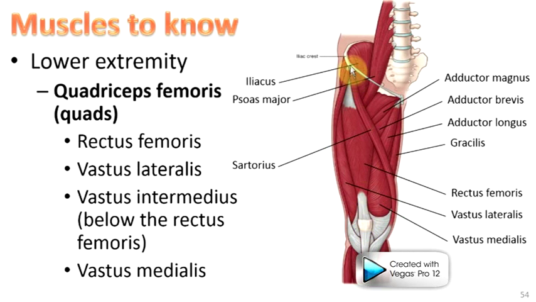Anyway, it originates up here on the same place that the sartorius originates, on the ASIS. And so it crosses 2 joints, but it doesn't act on the hip joint much. Its primary action is on the knee joint. It's going to pull the tibia up, which means it's going to straighten the knee or extend the knee.